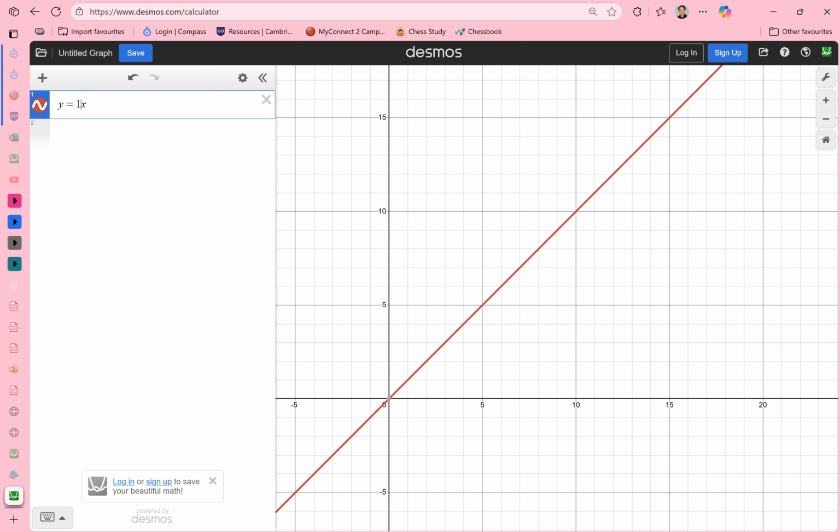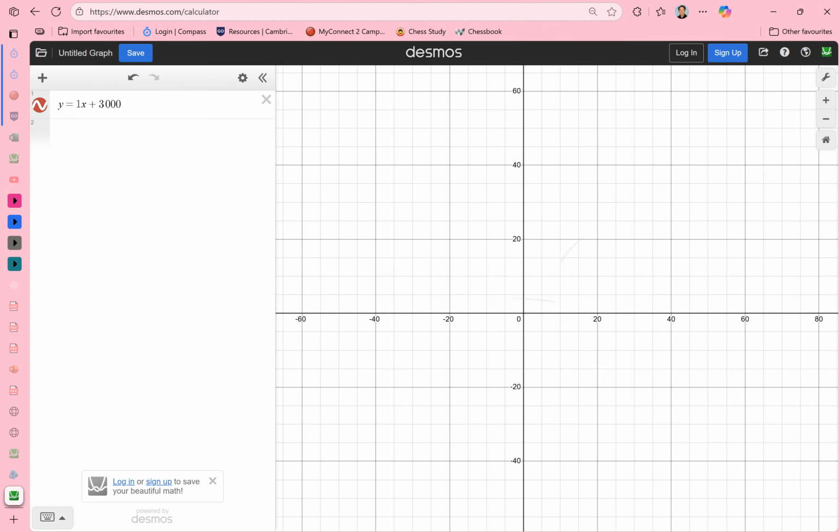And what's interesting is when I put a plus or a minus, you can say any number. I can say plus 3,000. Well, I know you can't see it because it's too big. Let's do 30. It's still a straight line, even if I added a number. If I subtract, say, 10, it's still a straight line. So what they're trying to say to you is you can add or subtract a number, it's still a straight line.